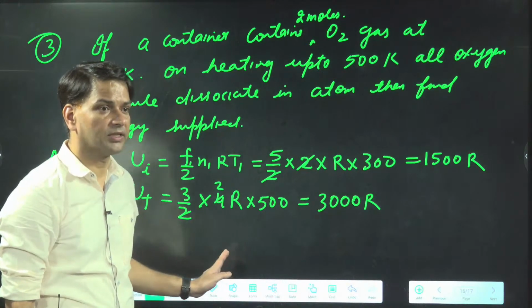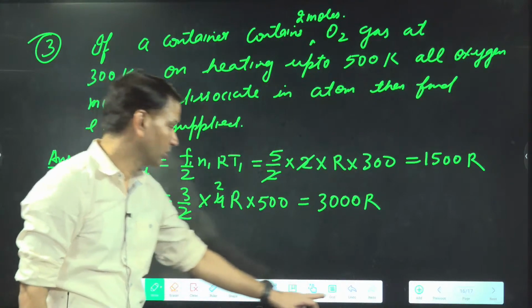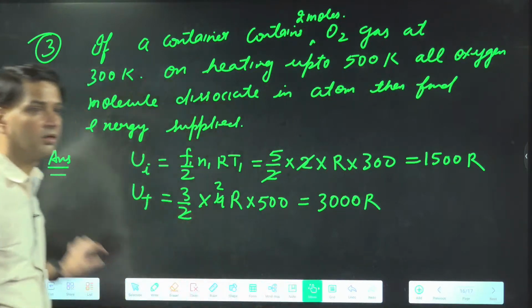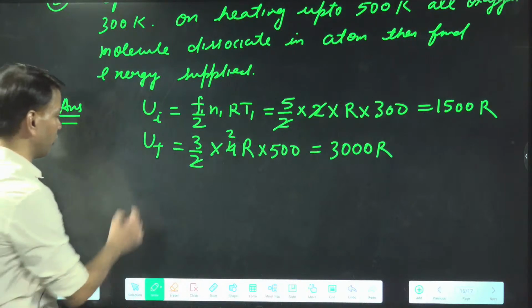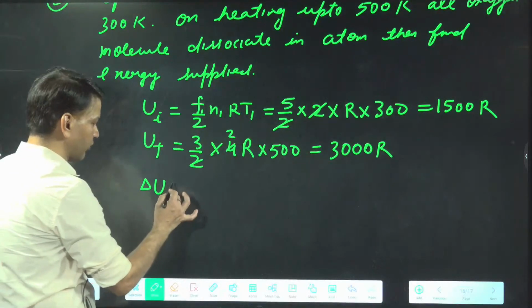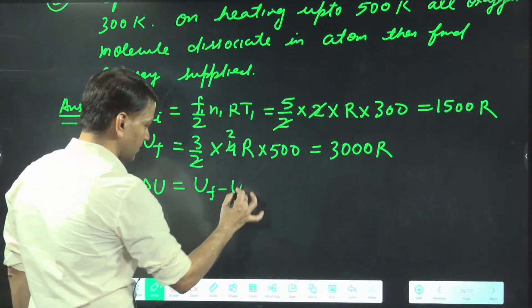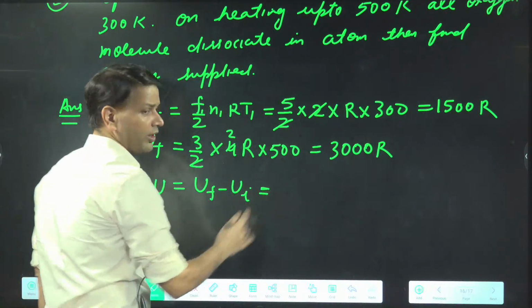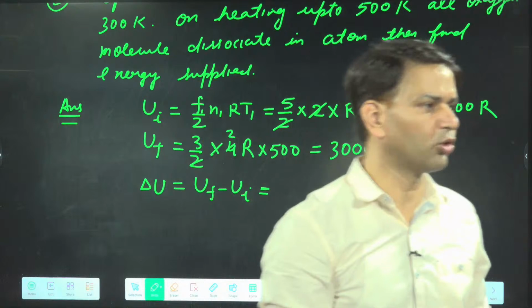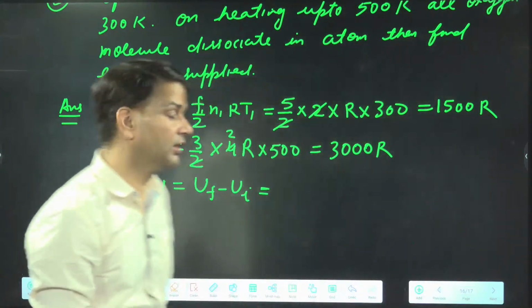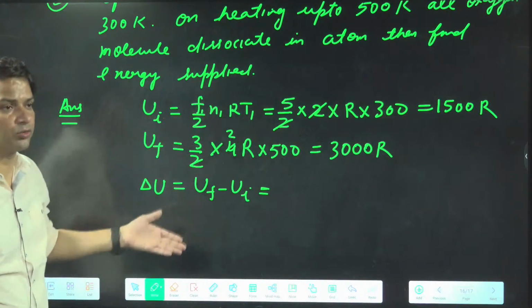Anybody has problem in this? Okay. Now UF I have, UI I have. So what is the delta U? Delta U, you can say, is UF minus UI. If UF is lesser than UI, it means energy gets released. And if UF is more than UI, we have to supply the energy. So here UF is more than UI, so we have to give the energy.